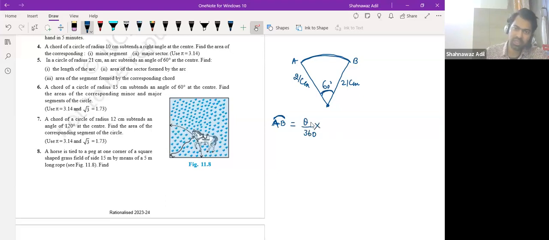And what should be in here, Amar? Yes, Amar, what should be in here? We are calculating the length. Yes, Amar.